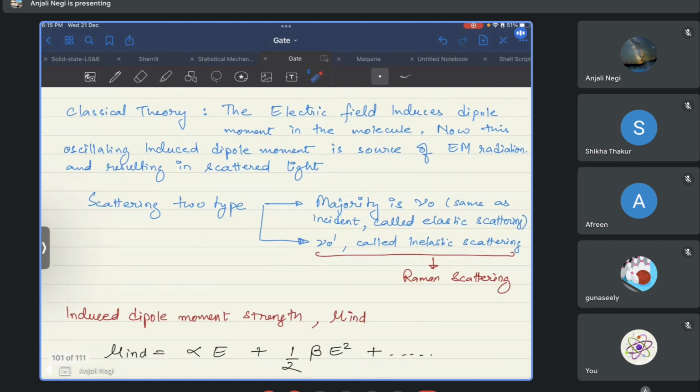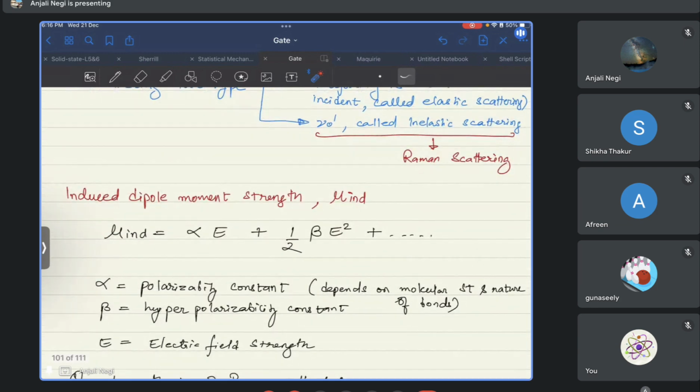The majority of it has the same wavelength, or frequency, mu 0, as the incident light, and hence we call it elastic scattering. But in the other kind of scattering, where my wavelength or frequency is changed, that is mu 0 dash, we call it inelastic scattering, and this is what we observe in Raman scattering.